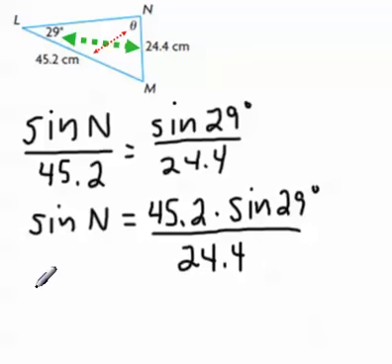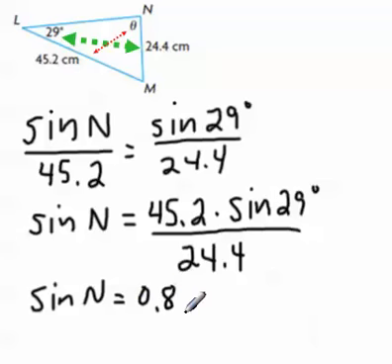And we do the math, we will get the sine of N equals 0.8981. So that's the sine of the angle.